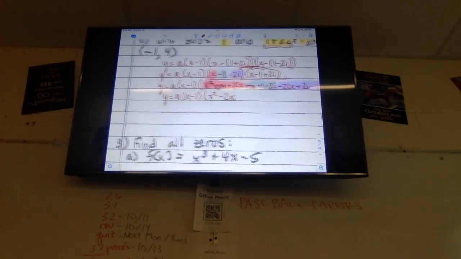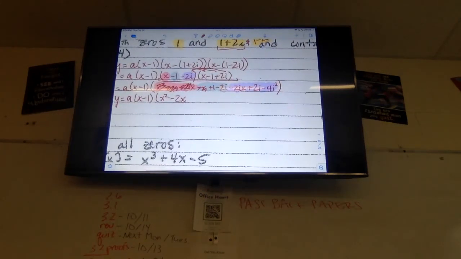Then I have 2xi or 2ix. Oh, and I've got a negative 2ix, so those completely cancel out. I'm gonna worry about 1 in a second. And next I've got negative 2i and positive 2i, so those cancel out. I left 1 still in that expression because I'm gonna combine 1 and negative 4i squared.